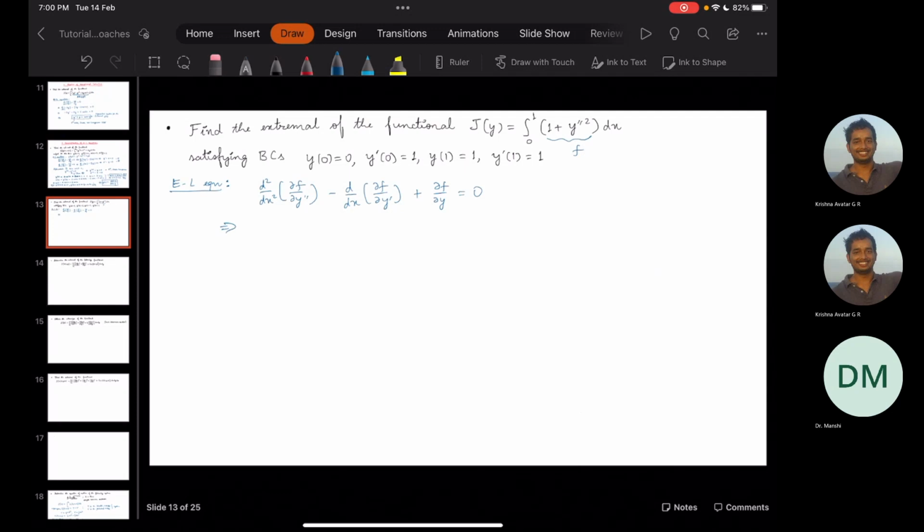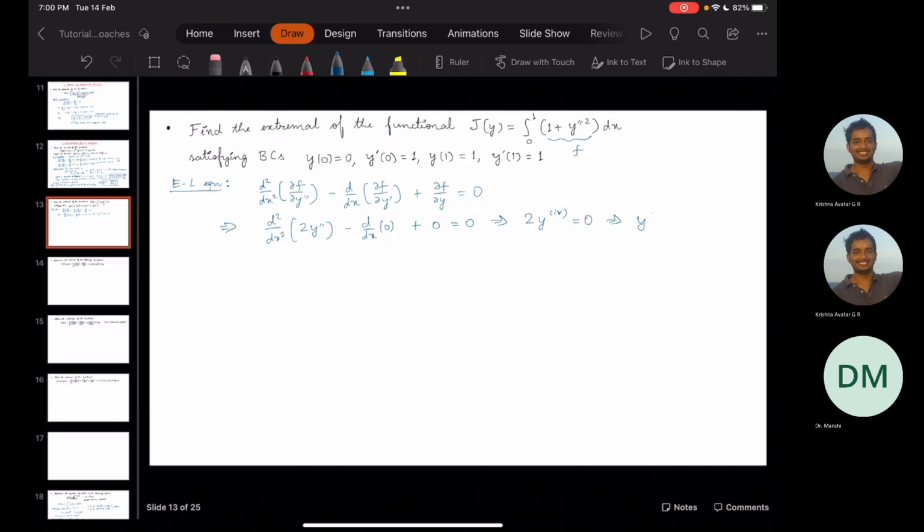What we can clearly see from the integrand of the functional, or from the expression of f, is that it's a function of just y double prime. So this means that we'll have del f by del y double prime is 2, and dy by dx is 0. Similarly, del f by del y is 0. So we are left with 2 y fourth derivative is equal to 0.